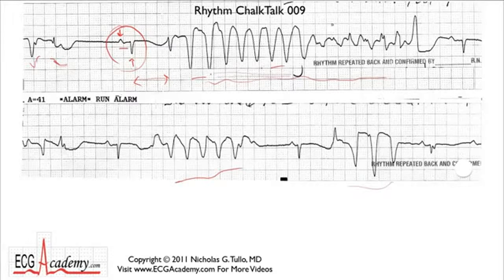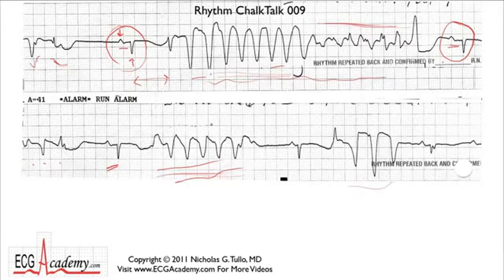You have these wide beats, and then it changes its appearance, and now you've got these funny, crazy-looking beats, and then it finally stops, and you get another normal beat. Now the PR is a little bit long here, but I'm not going to make too much of that, because all of a sudden you've got a couple of wide beats again, and then a normal beat once again, and then a run of a wide complex tachycardia, if that's what it is, if you're convinced it's not an artifact.